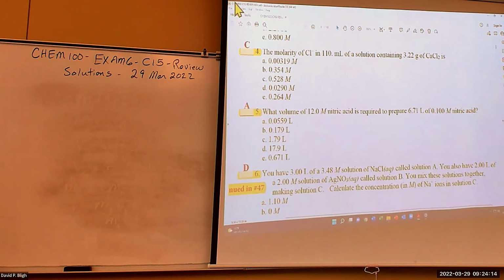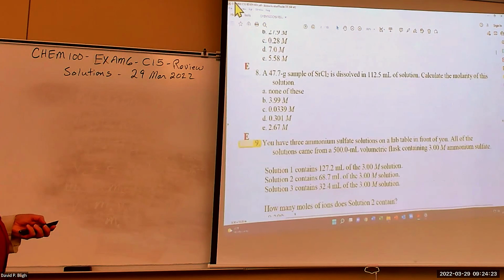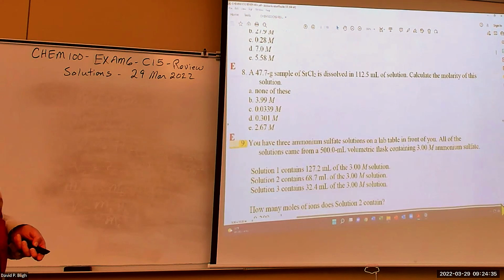Let's see, we're going to skip 6 also. Let me see if I can page it. There's 9, but it needs to scroll a little bit.